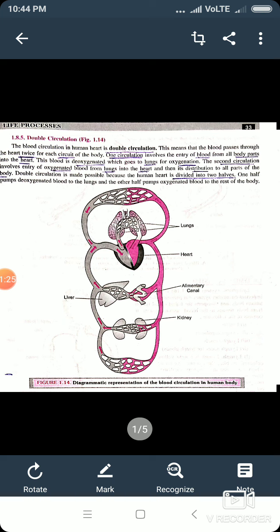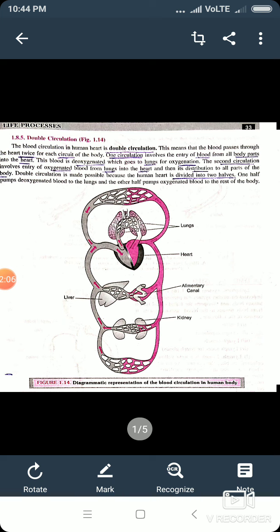And I had told you how oxygenated blood from the lungs through the pulmonary veins comes into the left atrium, then through the bicuspid valve goes into the left ventricle, from the left ventricle through the semilunar valve it enters into the aorta, from where the oxygenated blood is distributed to all parts of the body.